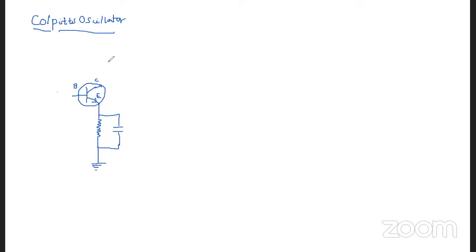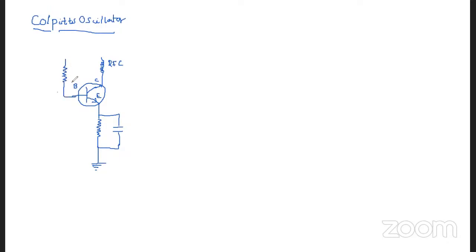And for this collector, again, we are going to connect an RFC, a radio frequency choke. And for this base, we are going to connect a resistance here, which is R1.